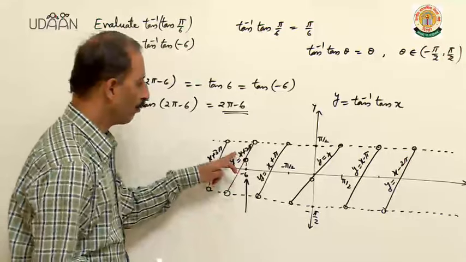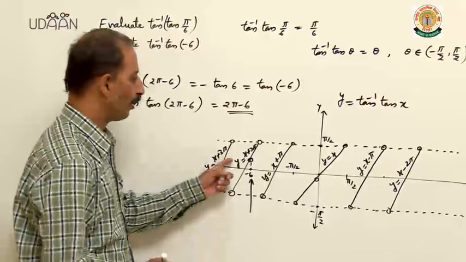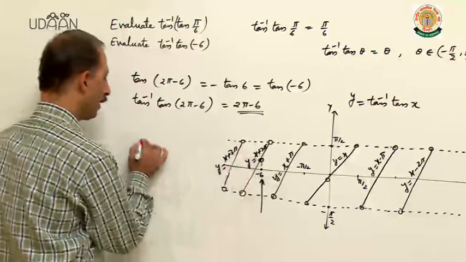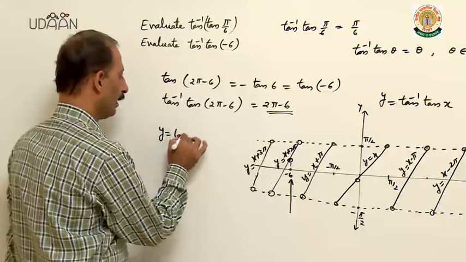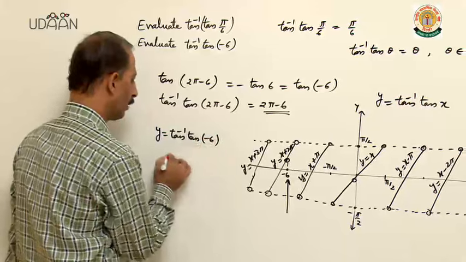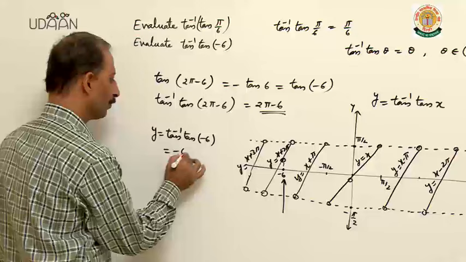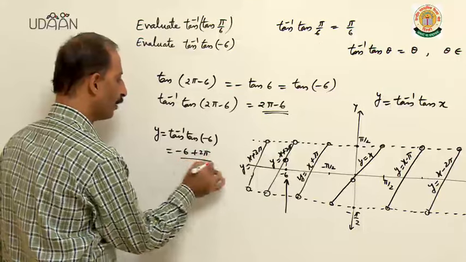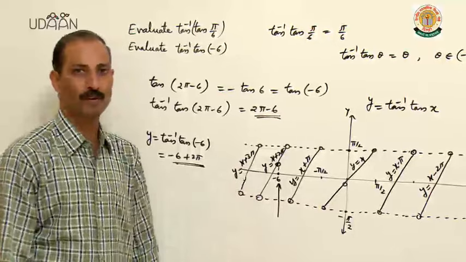So what is the value when you put minus 6 in place of x? The value of y is minus 6 plus 2 pi. That is, y is tan inverse of tan of minus 6. So its value will be, in place of x, put minus 6 plus 2 pi. You can find it directly from the graph also.